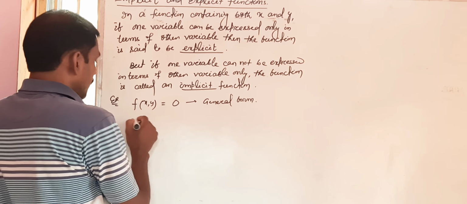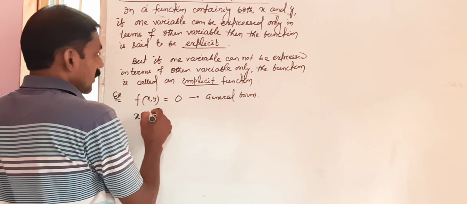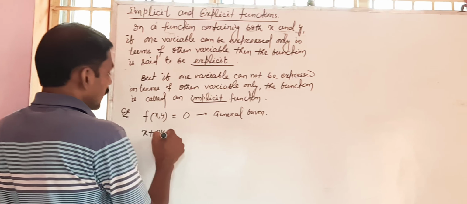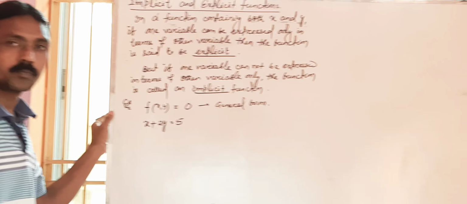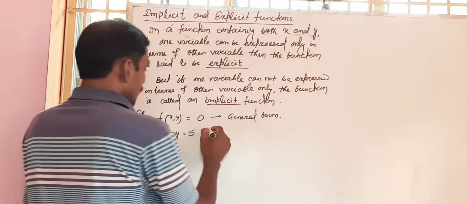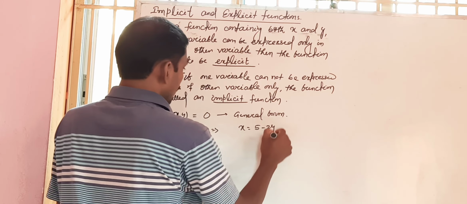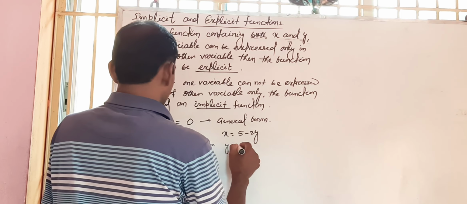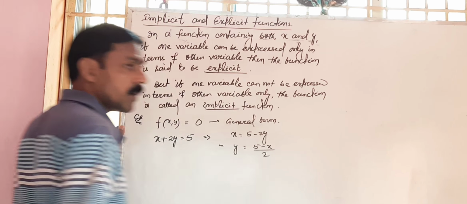The example is, suppose that x plus 2y equal to 5. So here you can write x equal to 5 minus 2y, or y equal to (5 minus x) divided by 2.